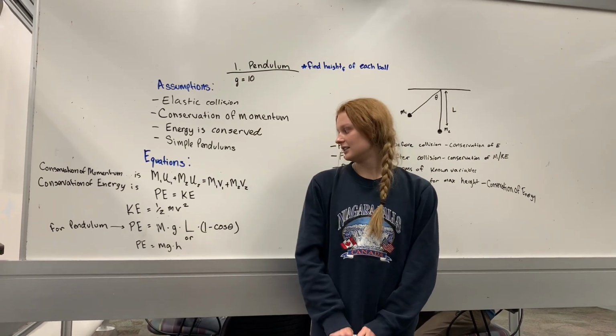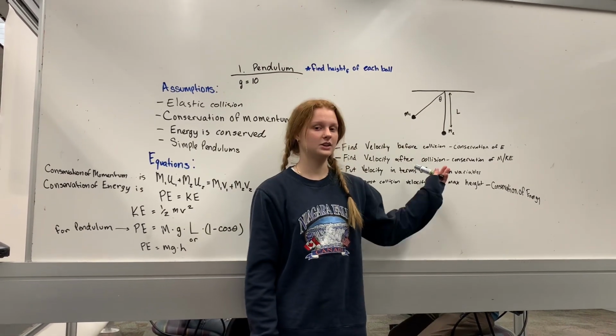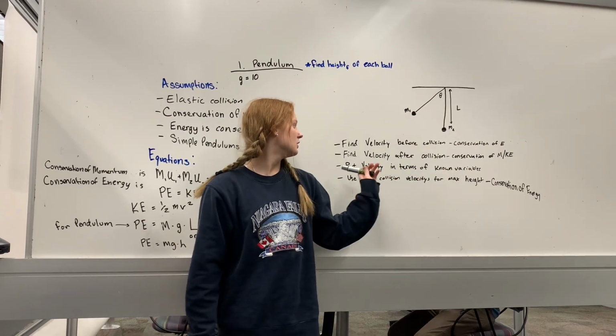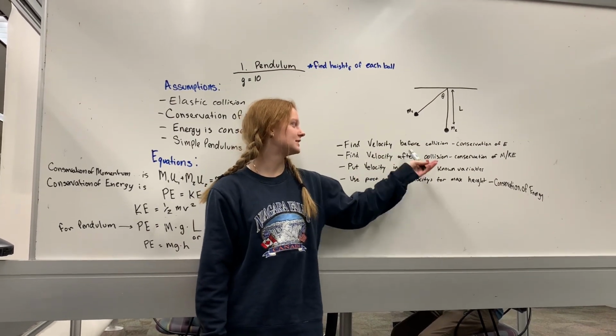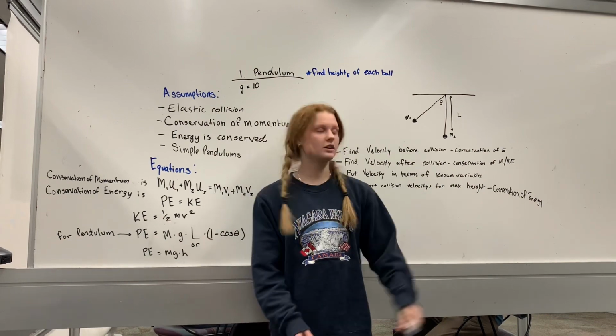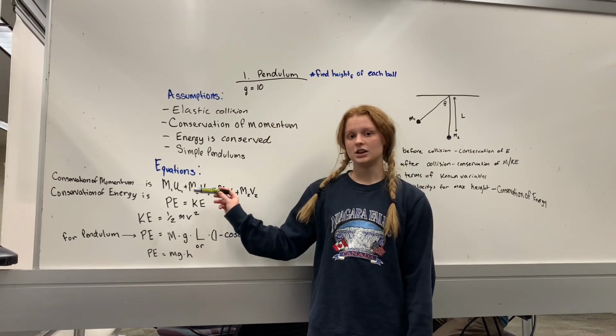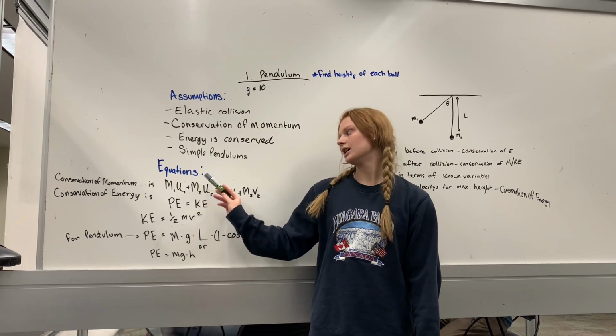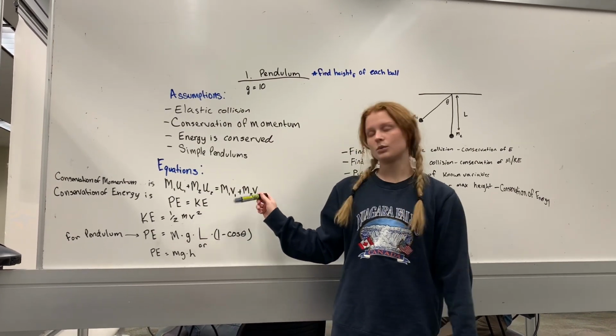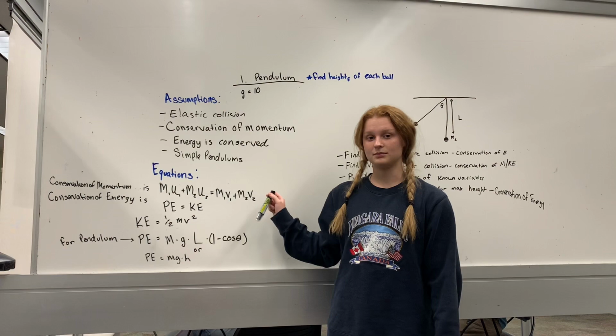After we find the initial velocity of mass 2, we will find the velocities after the collision using the conservation of momentum, which is m1 u1 plus m2 u2 equals m1 v1 plus m2 v2.